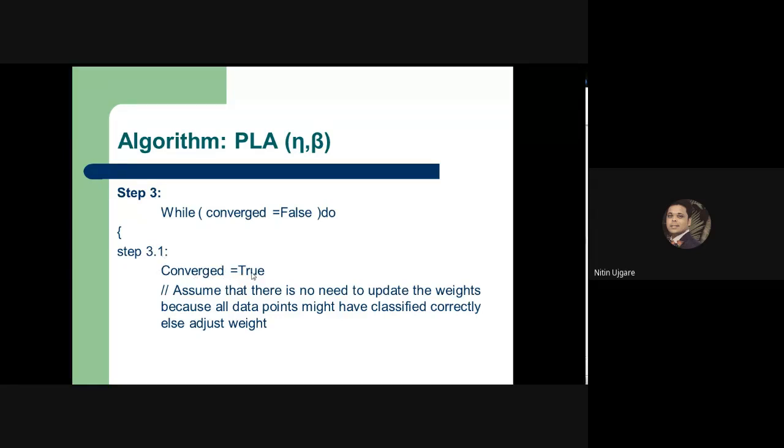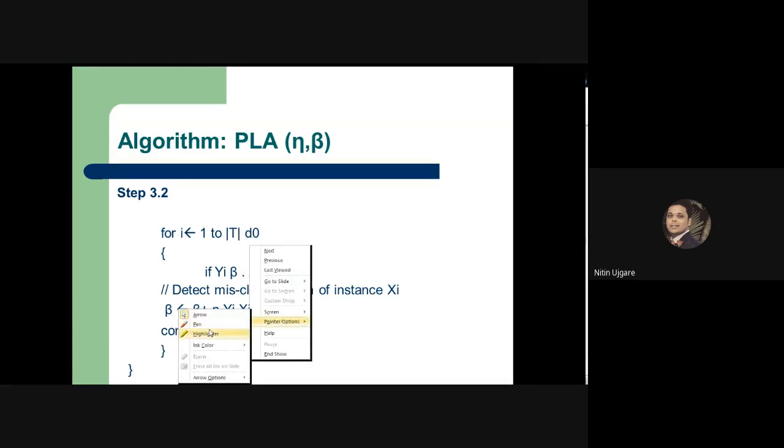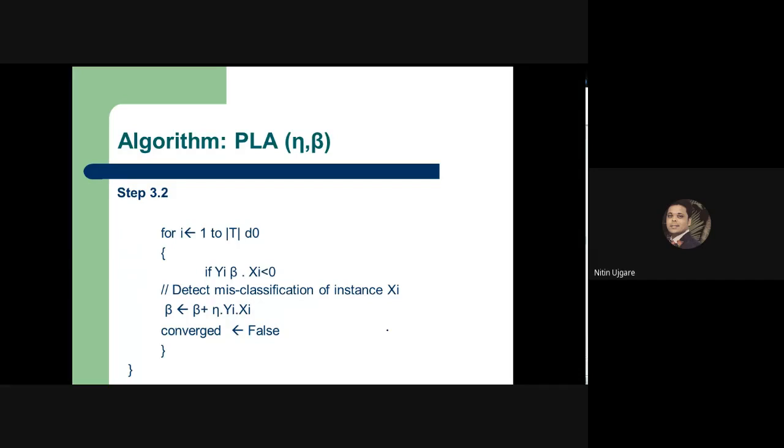So we are setting it to true, and we are assuming that if some misclassification occurs, then we set that value to true. In 3.2, for i equal to 1 to t, do. So t represents the size of our data set. You can also call it 1 to size of data set.